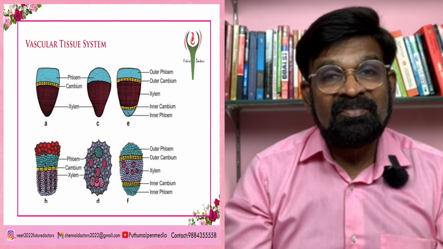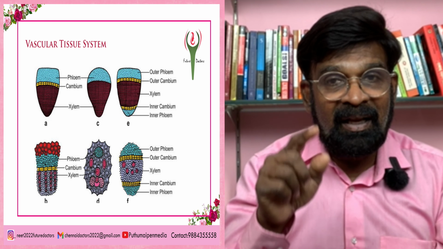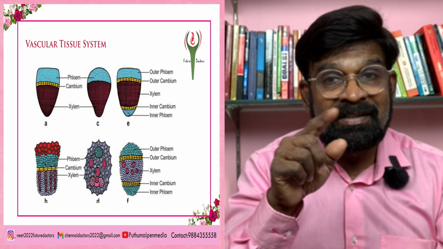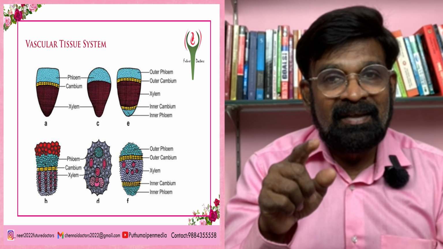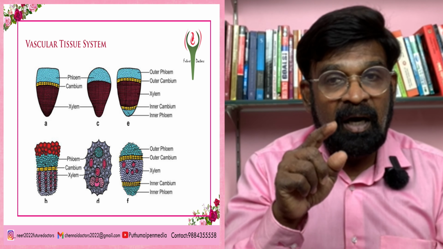Next is conjoint. The xylem and phloem are present together in bundles on the same radius. Conjoint bundles are of two types: collateral and bicollateral. Collateral: the xylem and phloem lie together on the same radius, the xylem inward and the phloem outward.